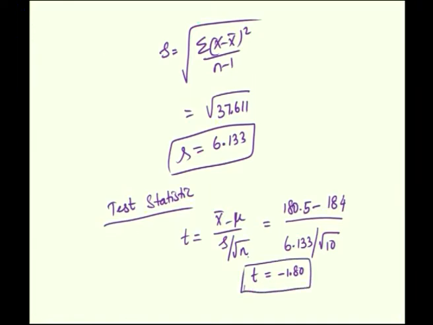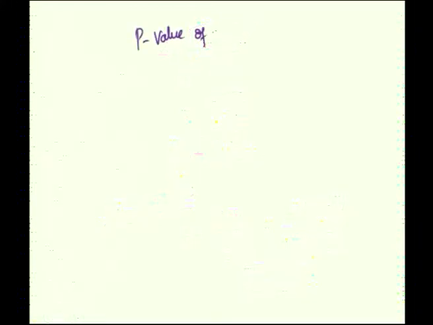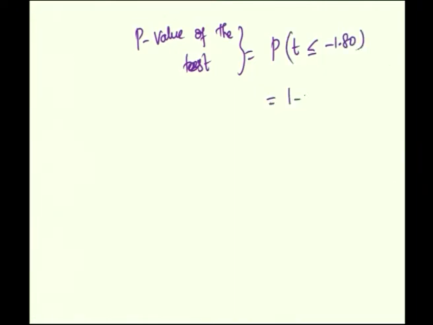Okay. So, the p value of the test is P of t less than or equal to minus 1.8, which is also equal to 1 minus P of t less than or equal to 1.8. Now look at the t tables.